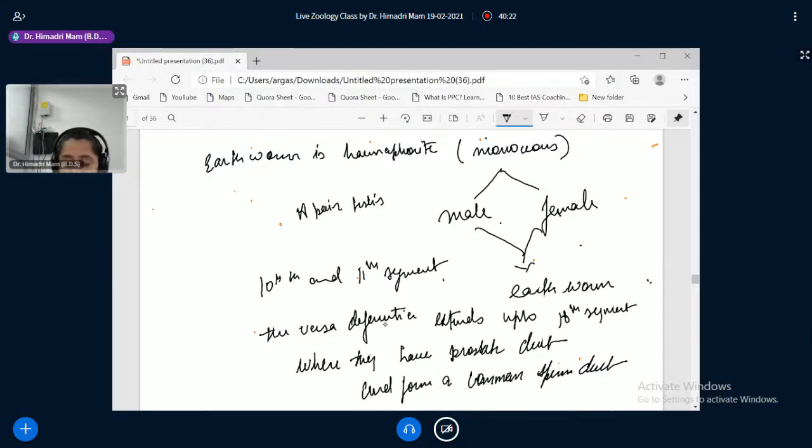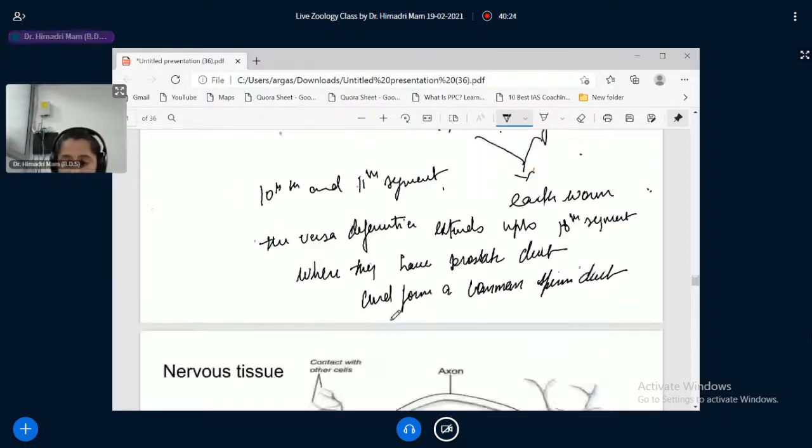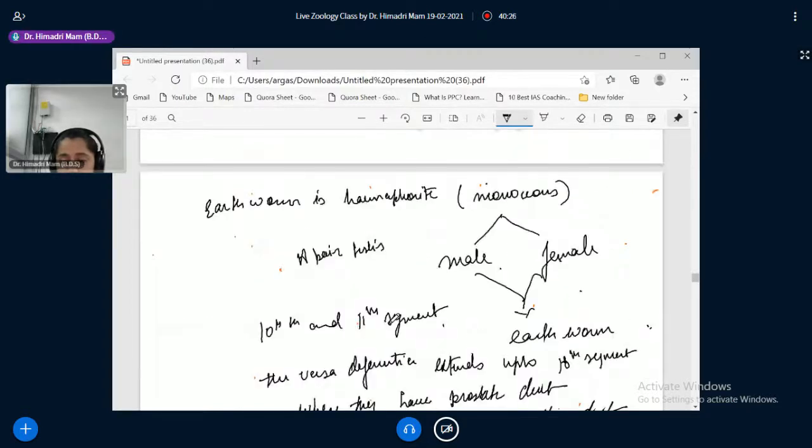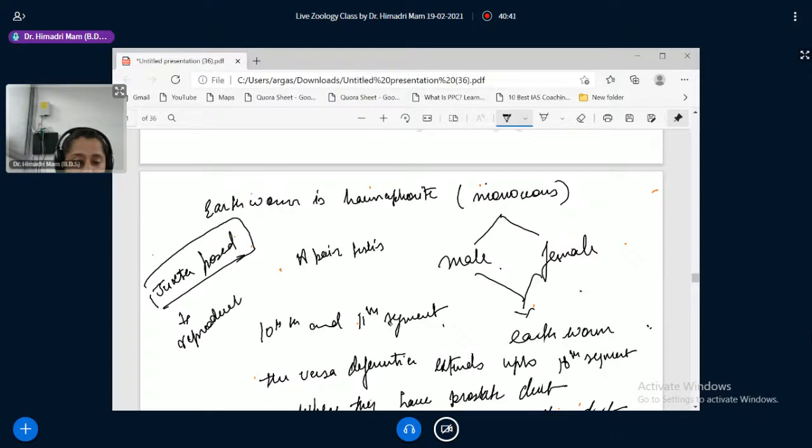Right. Now, their mating position is juxtaposed. That means reproduction is sexual. They need the other individual for the reproduction. Right?